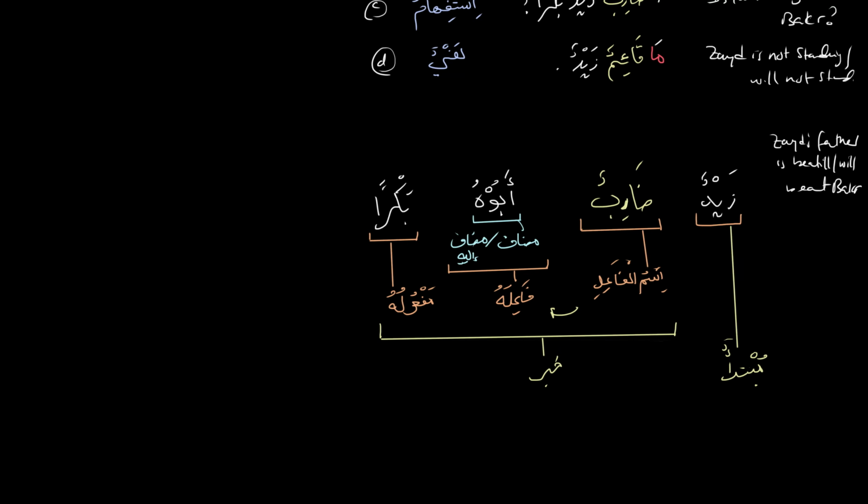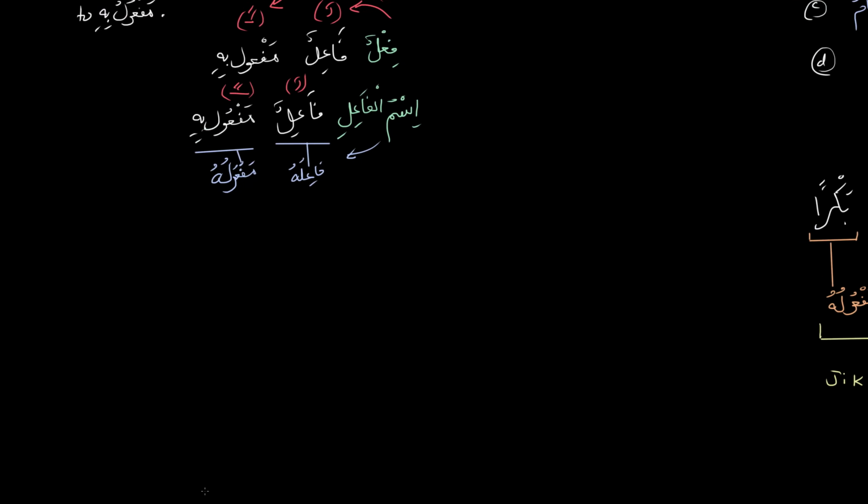That's a terrible khabar. Khabarun, like this, okay? And then mubtada and khabar will give you jumla ismiya khabariya. So that's how you analyze this sentence. Okay, so let's review and then we can finish, inshallah.